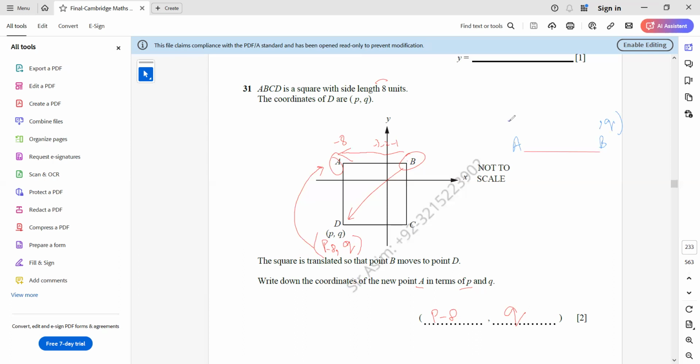That means A should be having the same Y coordinate, which is Q. Then since B was having an X coordinate P, but point A is 8 units on the left side of B, its X coordinate should be P minus 8. So this is how it is to be, P minus 8 and Q. And that completes our paper 2 of April 2020.